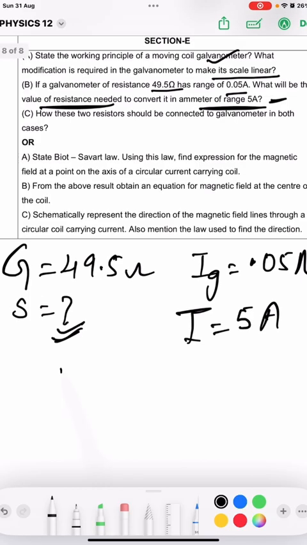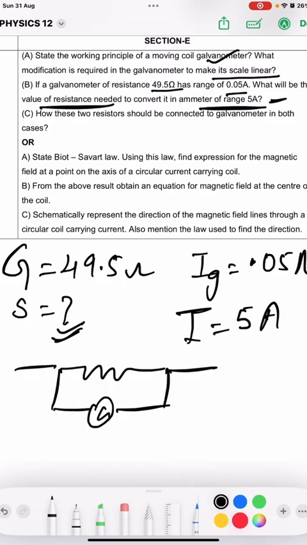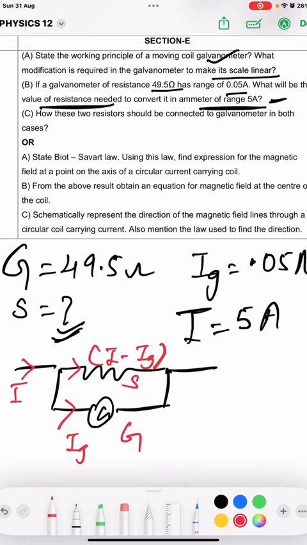So when you connect a small resistance in parallel to the galvanometer, then it converts into an ammeter. So this is full current I. Through galvanometer we take Ig. So through upper arm, what is the current going? I minus Ig. Upper arm resistance is shunt. Lower arm resistance is galvanometer G. They are in parallel, so you can put the formula.